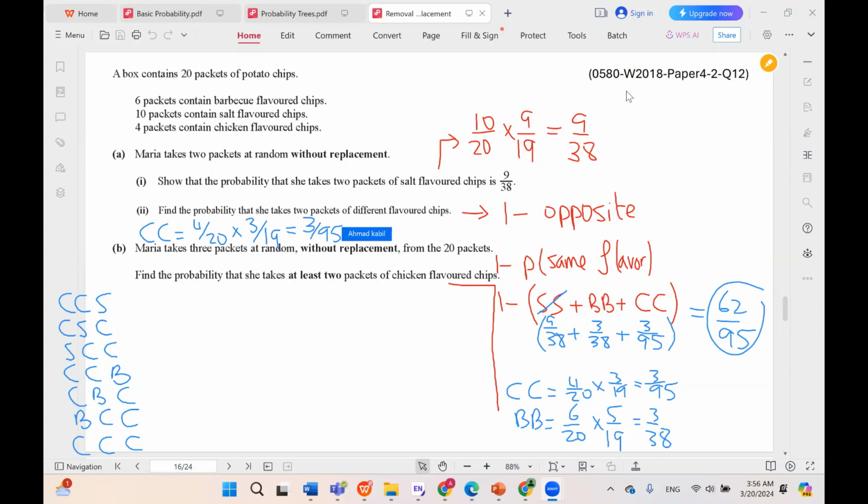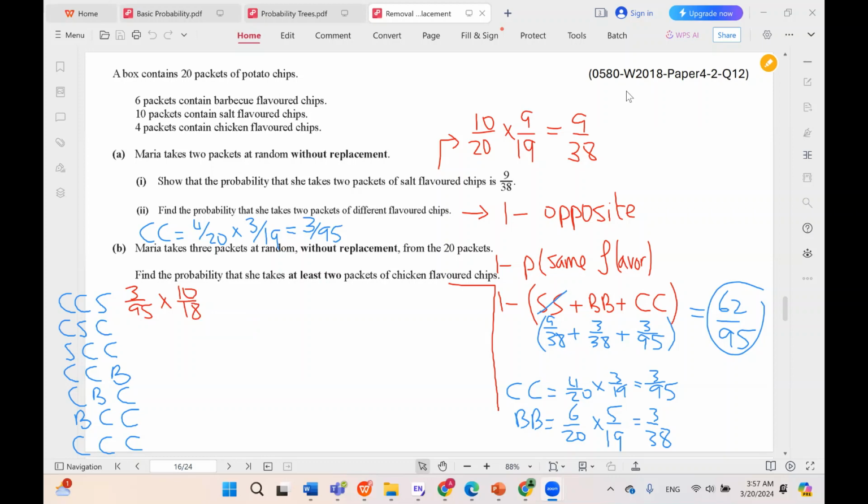And then in each case, we're going to multiply by another letter. So in a sense, the first one is 3/95 times picking one salt afterwards. Now picking the one salt afterwards would be 10/18. So this is the basic idea.